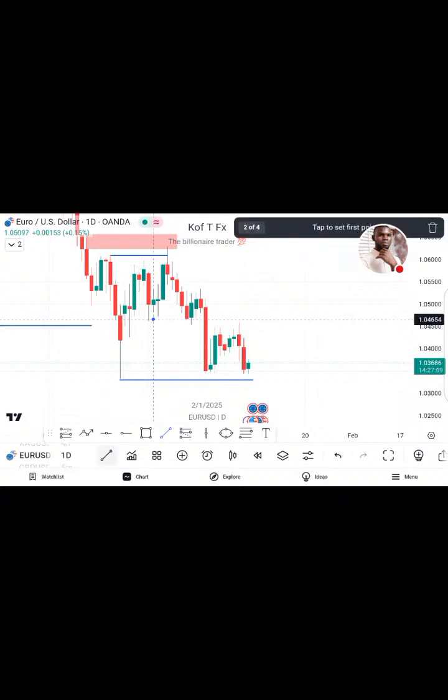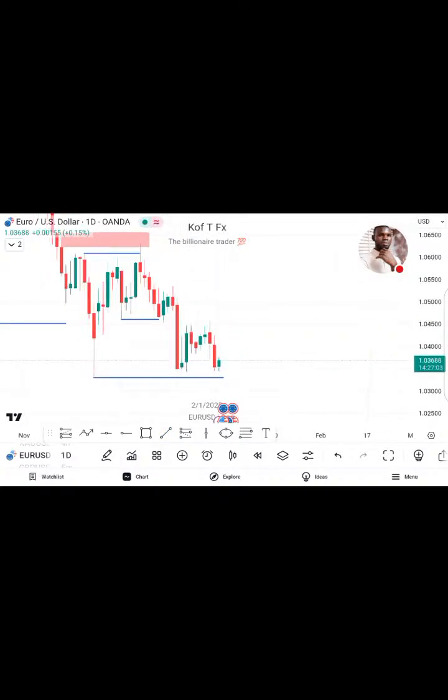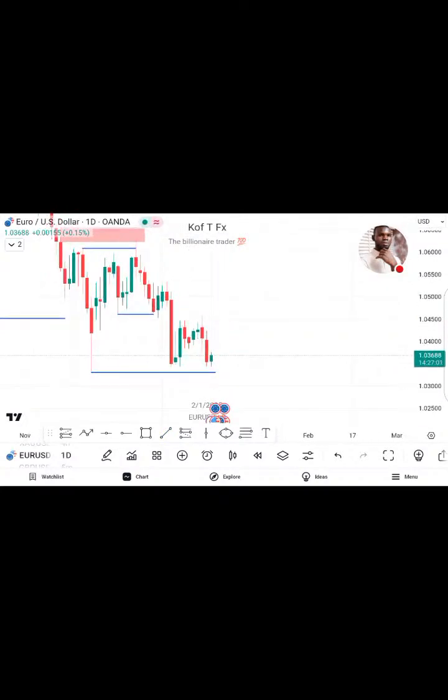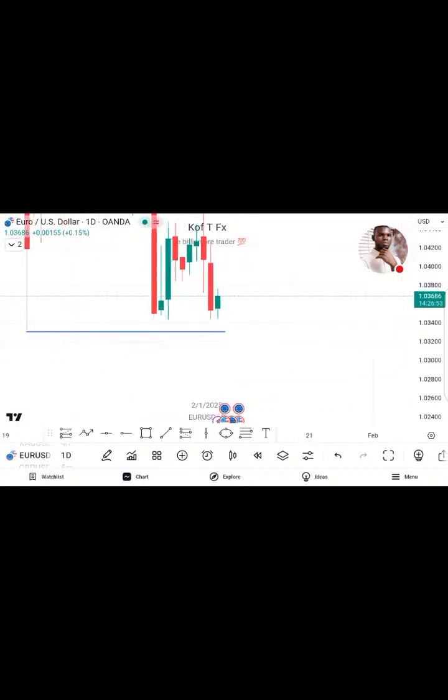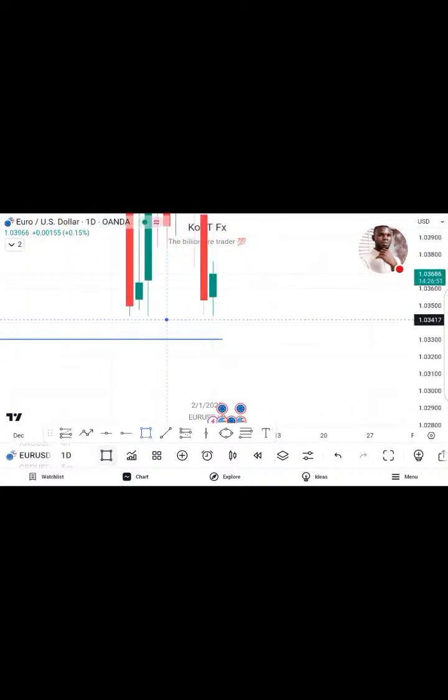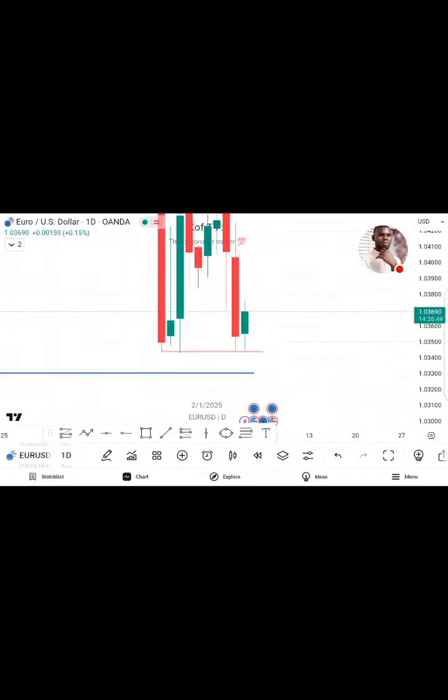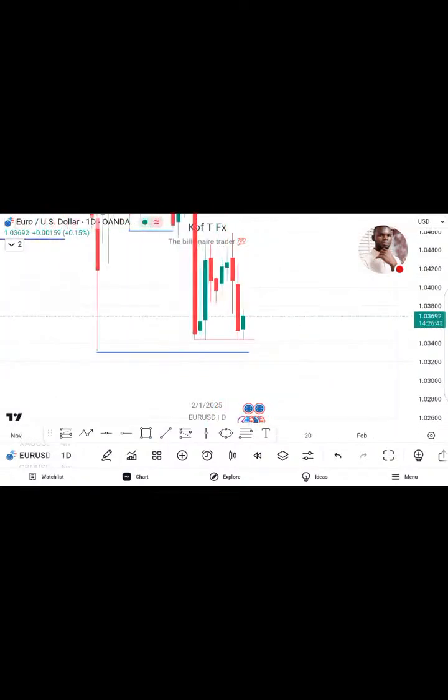There is this internal break of structure here. And based on price action, we have this double bottom there.